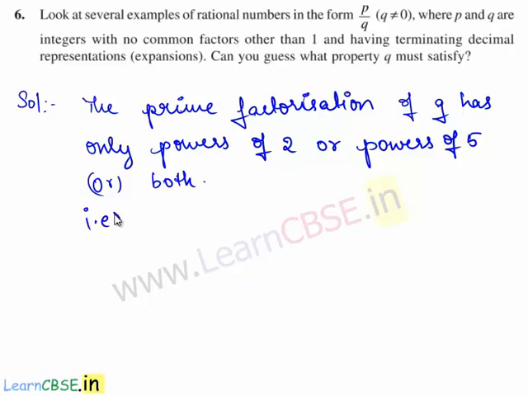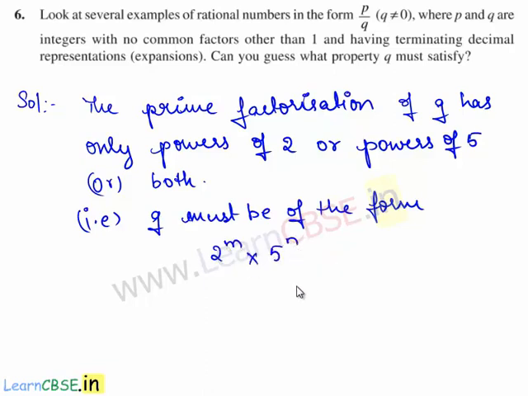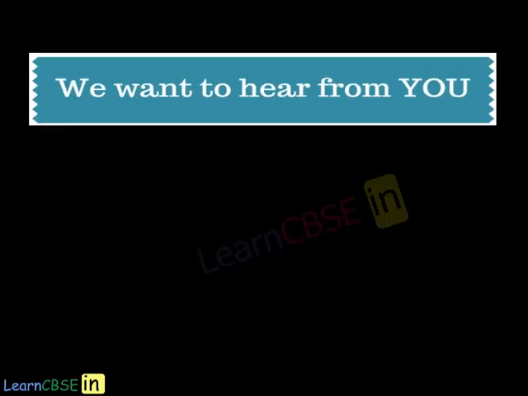That is, q must be of the form 2 power m times 5 power n, where m is equal to 0, 1, 2 and so on, and n is equal to 0, 1, 2 and so on.